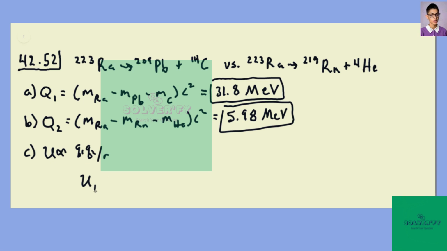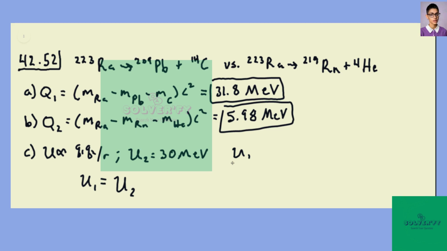We want to find the barrier for the first one here. So the second one involving the alpha particle is 30 mega electron volts. And what we can do is just take the ratio of the two expressions for this, then multiply by this, write it down.